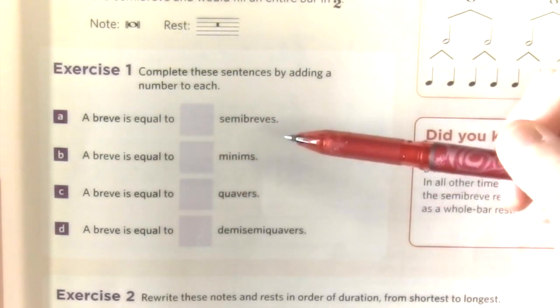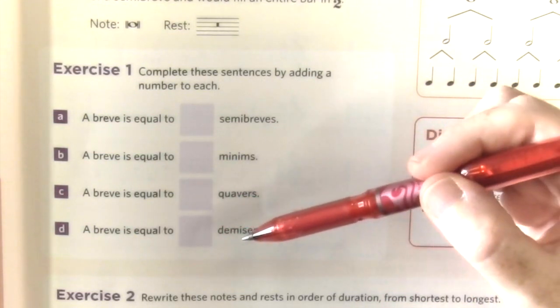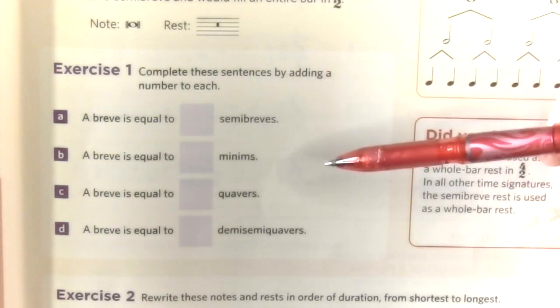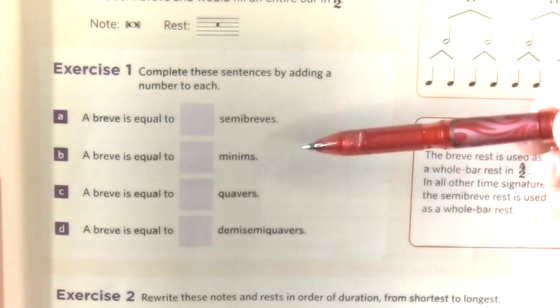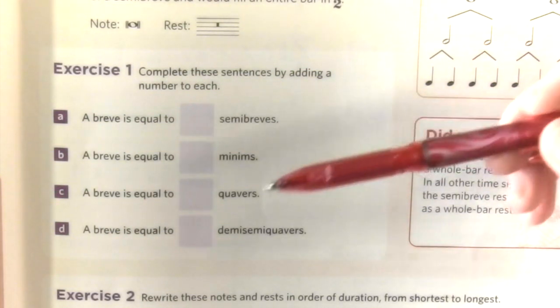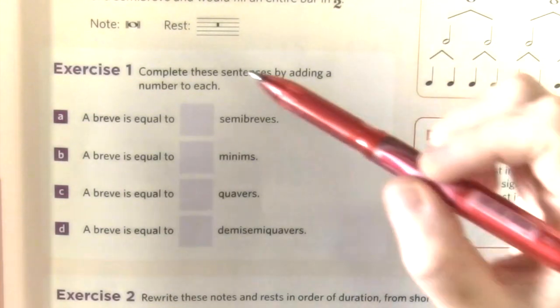Quaver, semiquaver, demisemiquaver, hemidemisemiquaver. So every time we have a value and semi, a value and semi, excluding crotchets, which used to be semiminim. I hope this is useful.